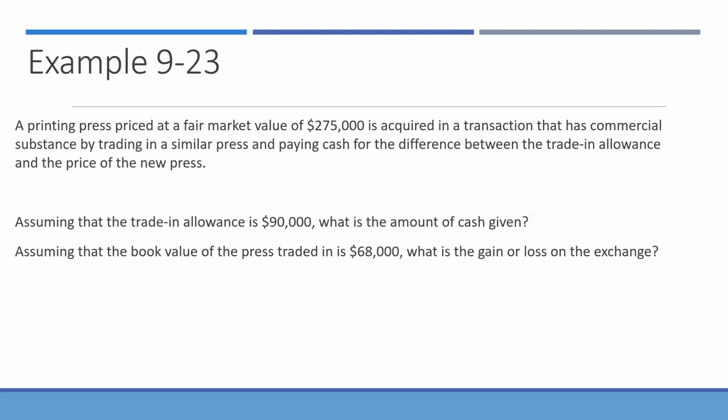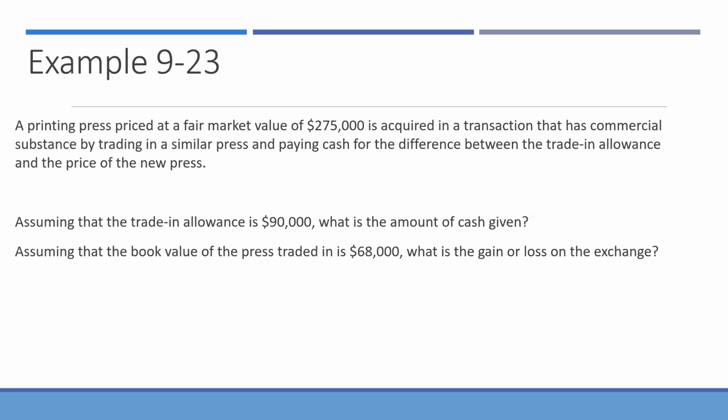So a printing press was acquired at a fair market value of $275,000. It had commercial substance, and they traded in a similar printing press and paid cash for the difference between the trade-in and the new press. Assuming the trade-in allowance is $90,000, what is the amount of cash given?